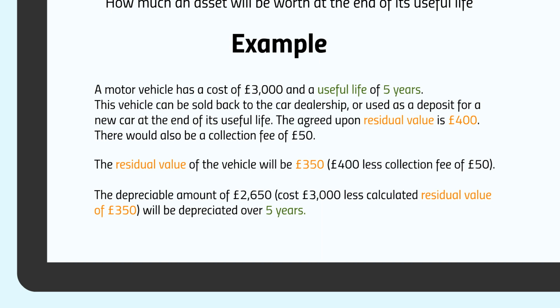So the depreciable amount will be £2,650, and that's calculated by taking the original cost of £3,000 and subtracting the residual value of £350. And then that will be divided by 5 to get your annual depreciation charge over the next 5 years. Okay, so that should have us familiar with the different terms.